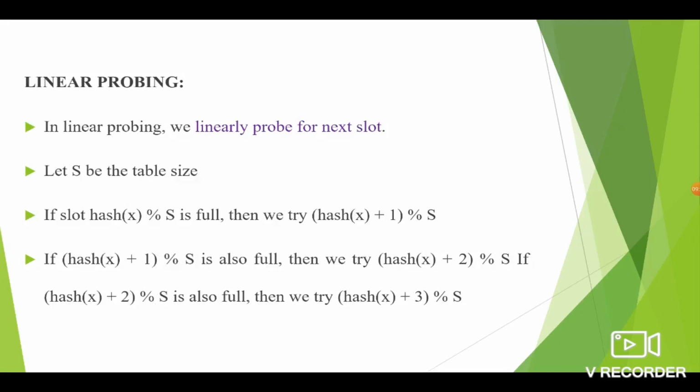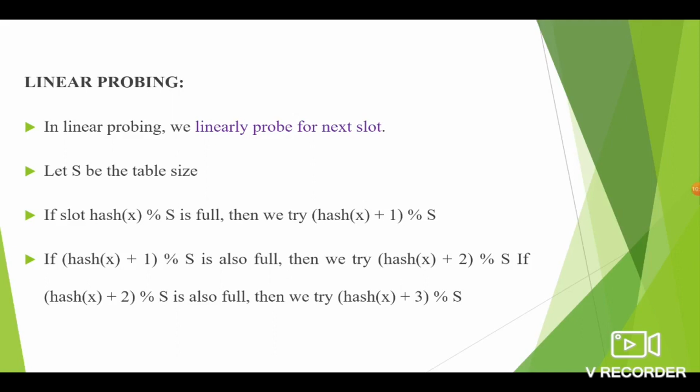So the method is called linear probing. Why it is called linear probing means we linearly probe for the next slot. Consider S to be the table size. The slot is hash of x modulus s, so this is our hash function.